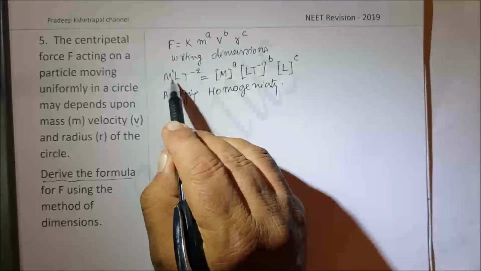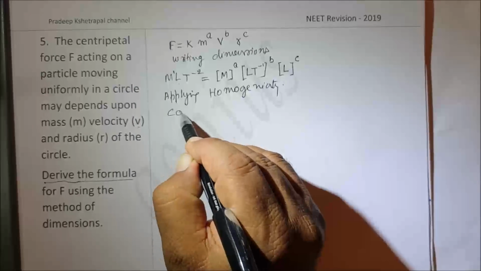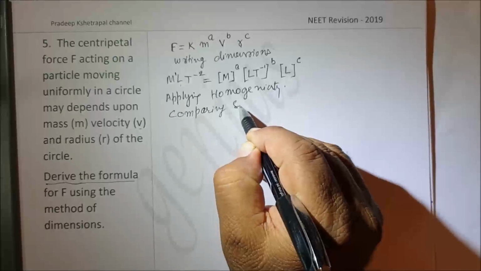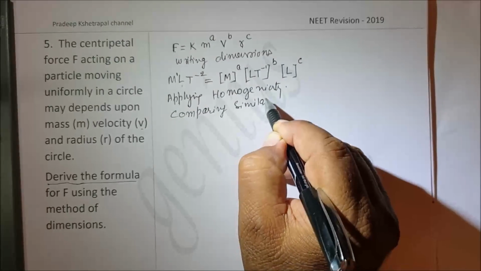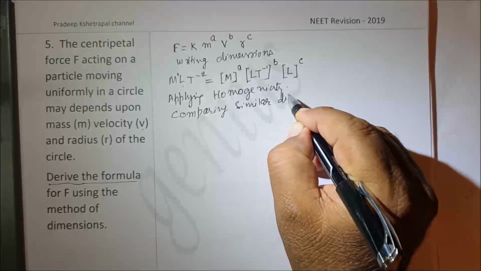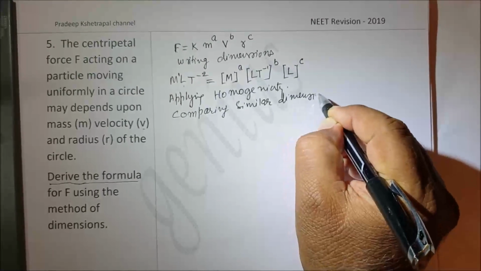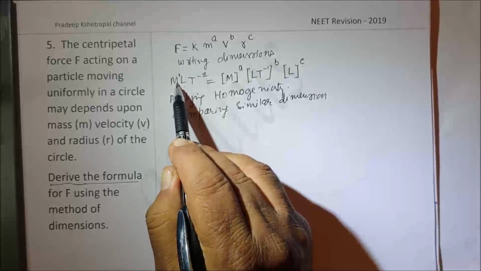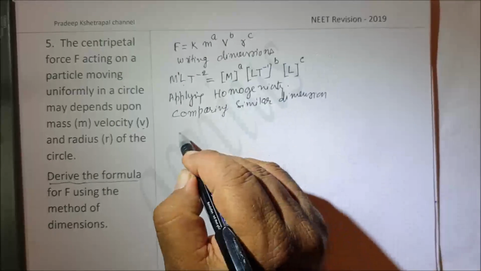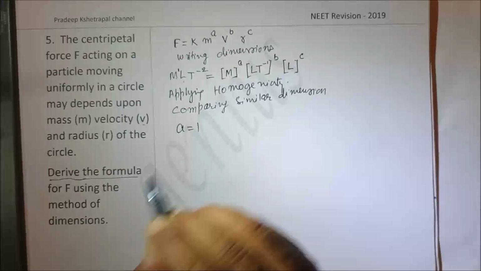So comparing similar quantities or similar dimensions: here dimension mass, power 1, dimension mass, power a. So we have a is equal to 1.